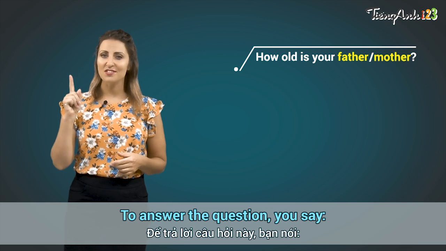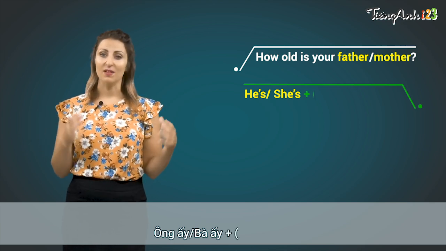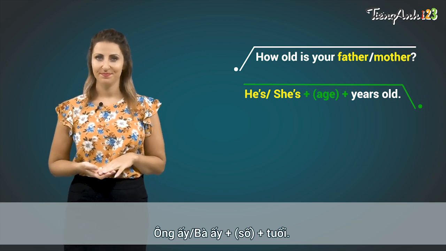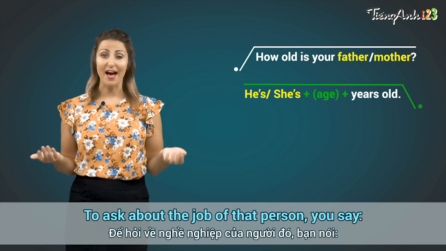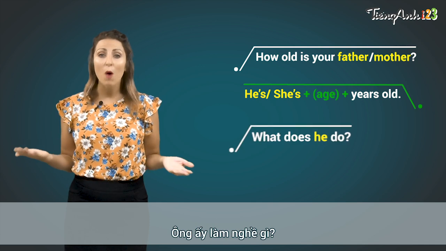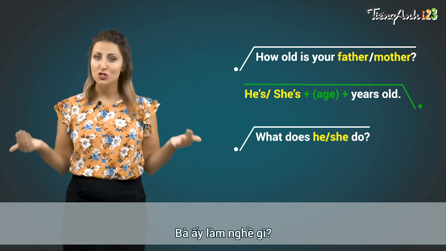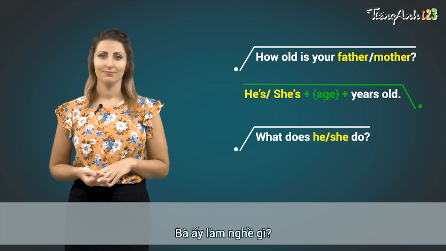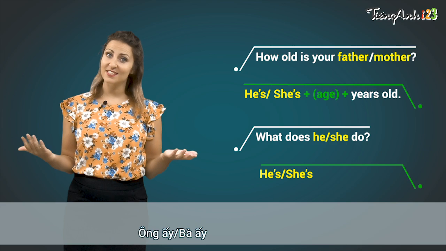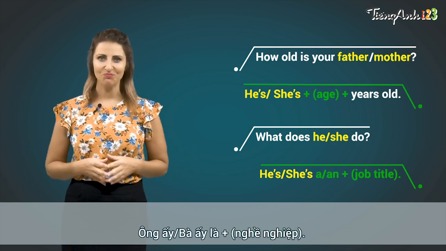To answer the question, you say, "He's or she's," plus the age, and years old. To ask about the job of that person, you say, "What does he do?" Or, "What does she do?" And the answer can be he's or she's, a or an, and the job title.